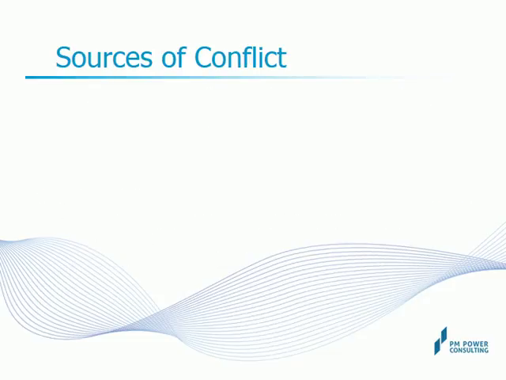Let's start with exploring where conflicts come from. This understanding will help you resolve the conflicts more effectively. There are often unwritten rules on how relationships work in a team or in an organization. Let's take the manager-subordinate relationship.